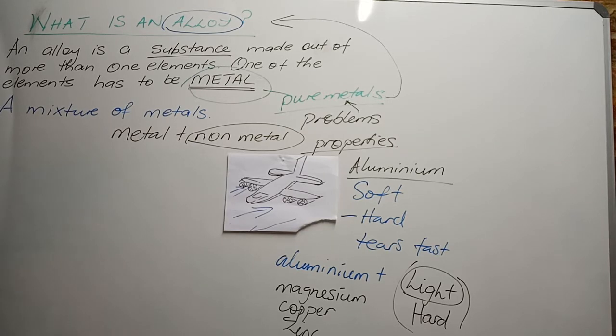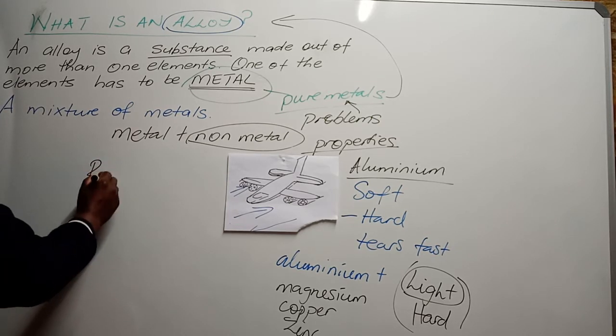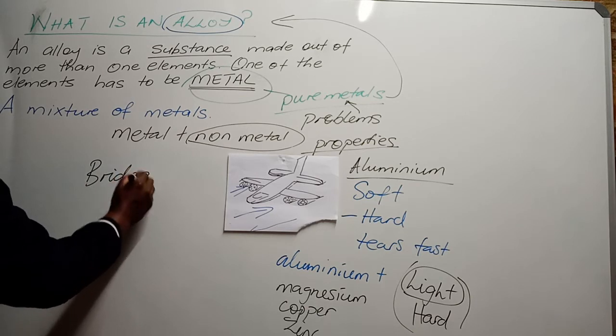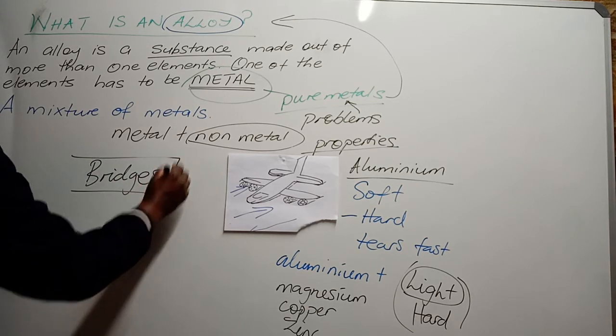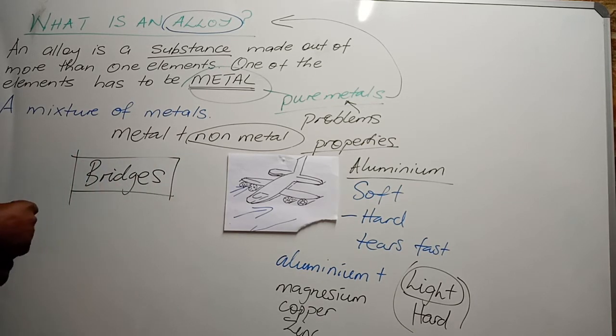In the same note, if we look at the construction of bridges, the most suitable material to construct a bridge is iron. But pure iron has got its weaknesses.